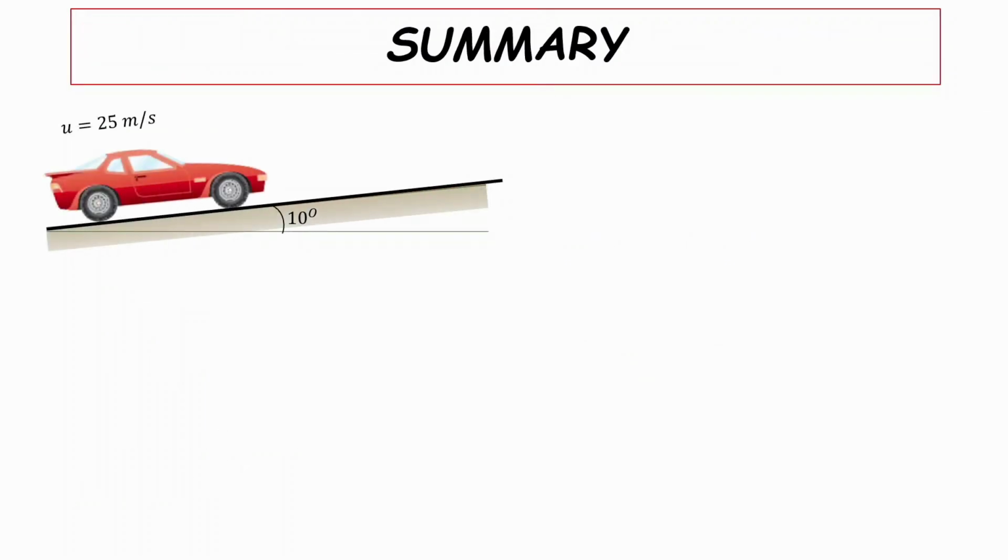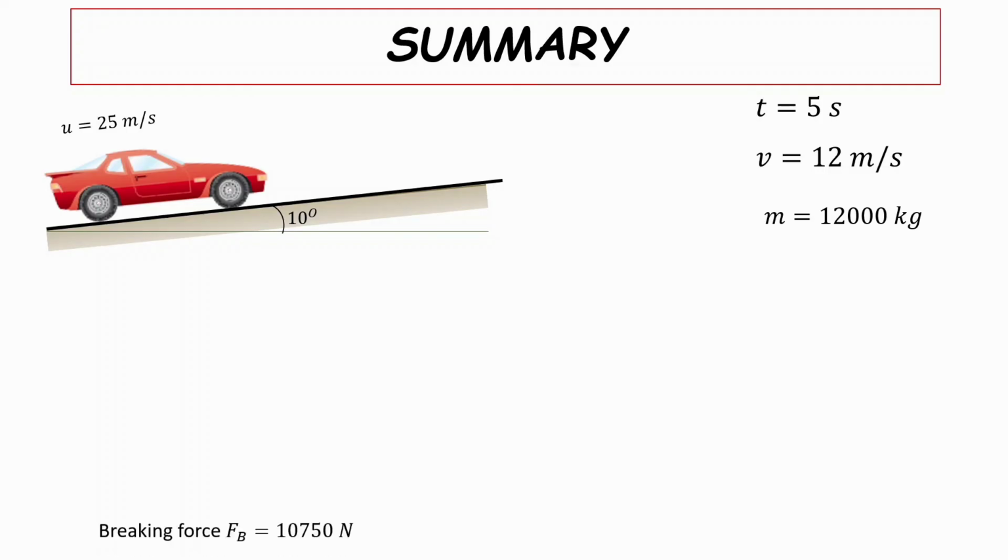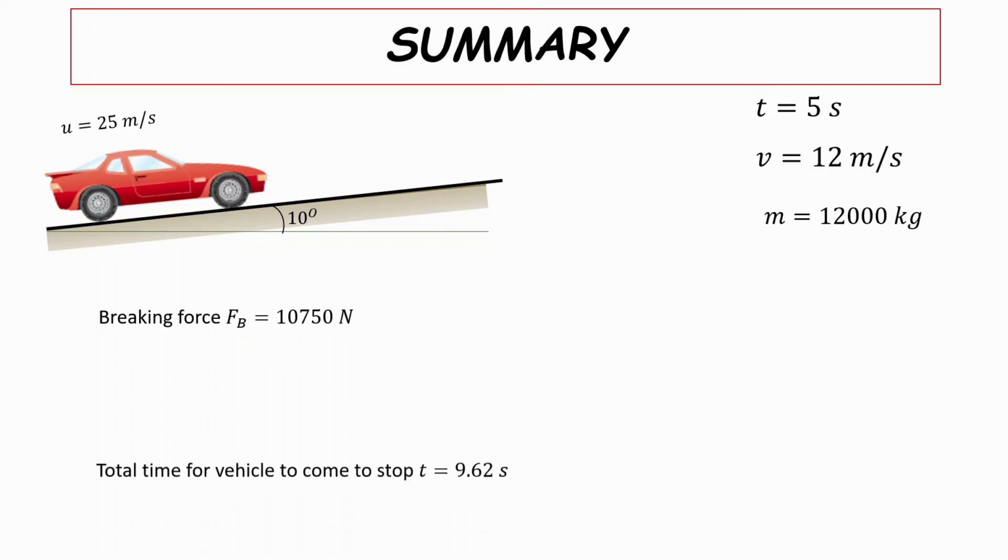Just to summarize, we had a problem given to us. A vehicle enters a steep part of a road, and the initial velocity was 25 meters per second. The steep part of the road is inclined at 10 degrees. And then, of course, there was a time given to us, 5 seconds, and the velocity at that time, 12 meters per second, as well as the mass of the vehicle. And we were asked to calculate the braking force, which we found to be 10,750 newtons.